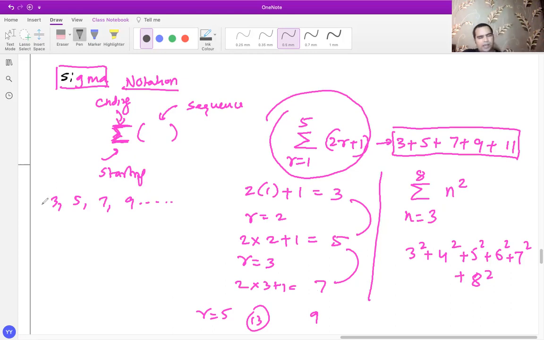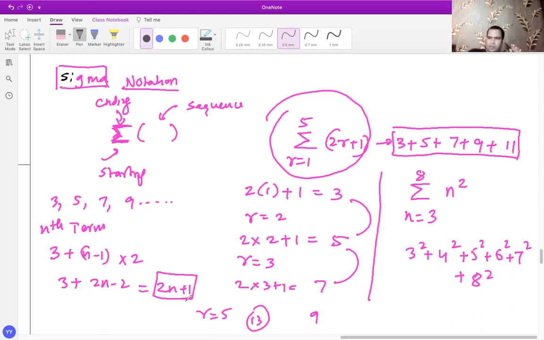Generally, if you have the first few terms, you can use the formulas that are there. The nth term will be 3 plus n minus 1 times the difference, which is 2. So 3 plus 2n minus 2, which is 2n plus 1. This is the nth term formula for that sequence.